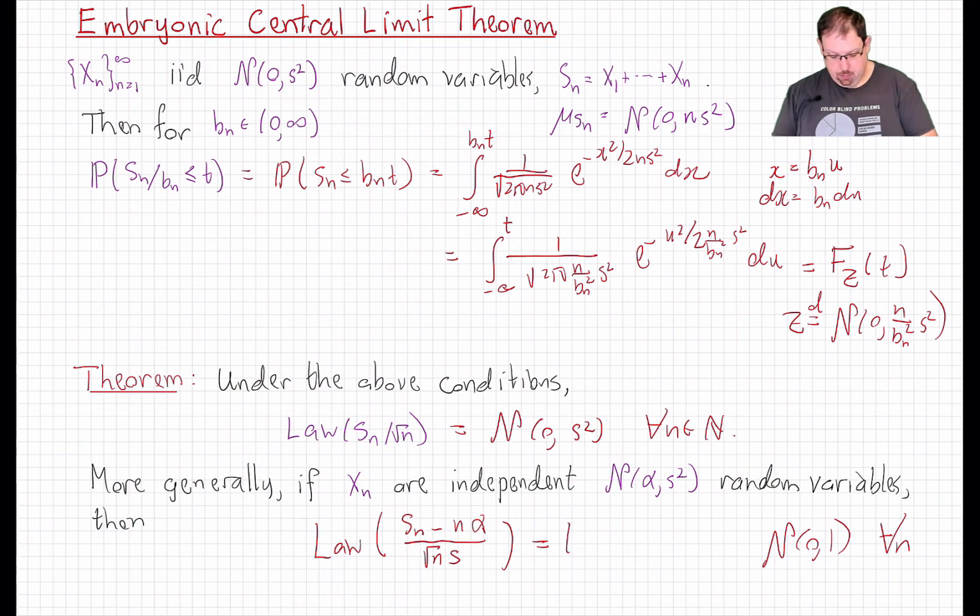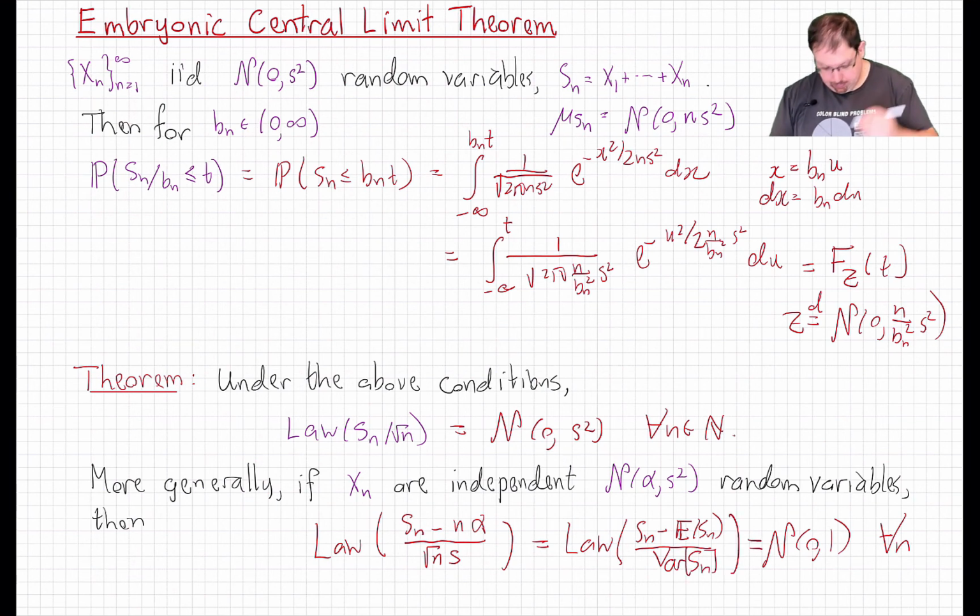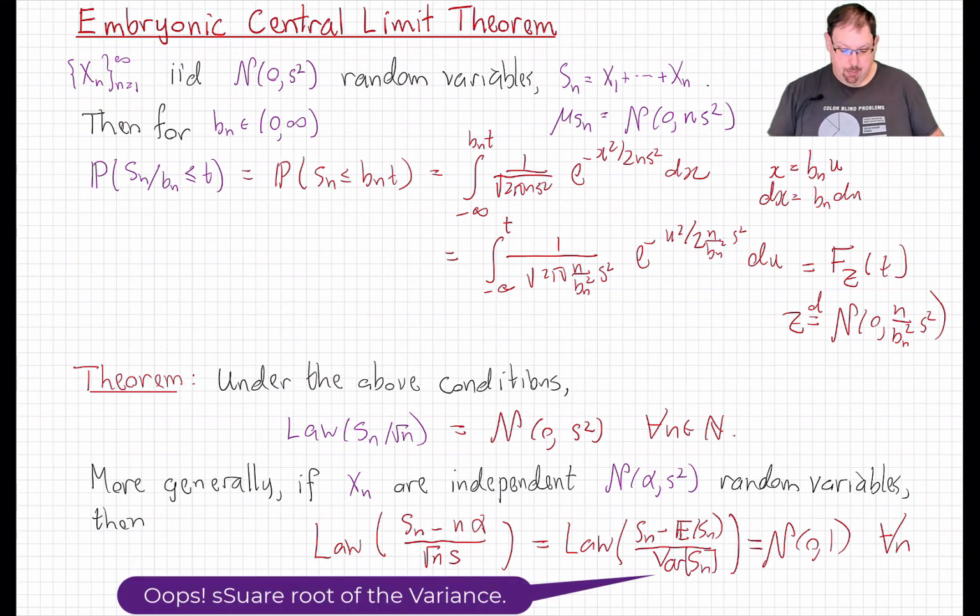And just to note, another way to write this same thing is that we've taken Sn, subtracted off the mean of Sn, and divided by the standard deviation of Sn. So there's our embryonic central limit theorem.